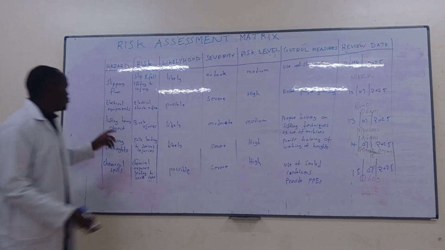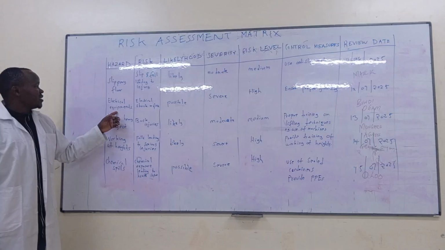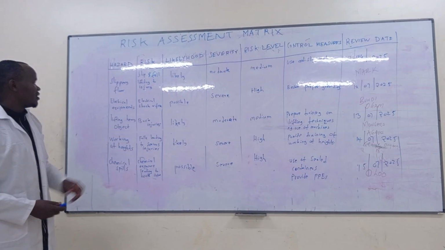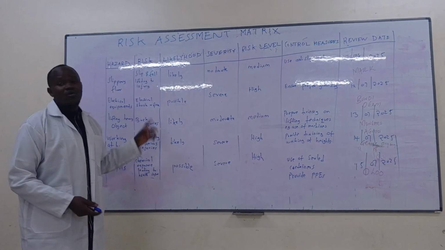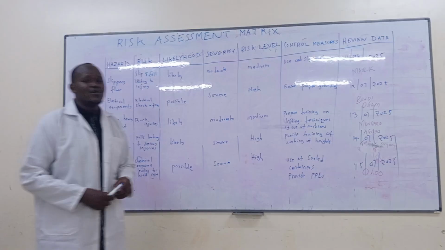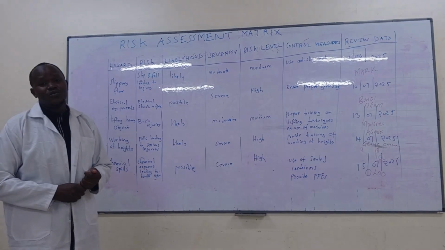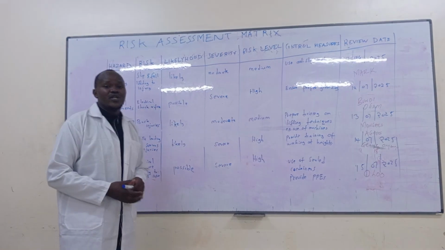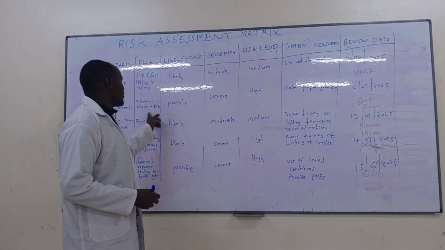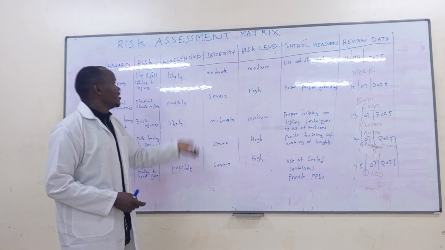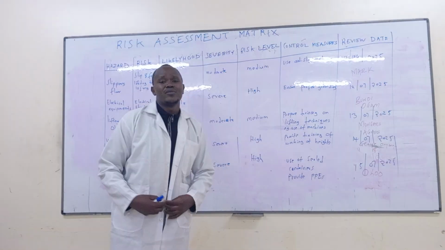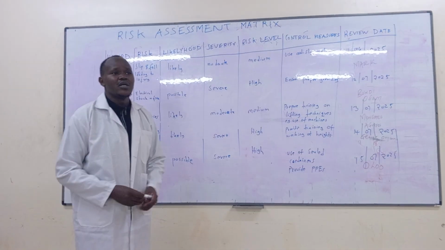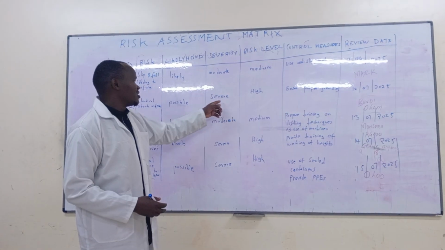Number two is about electrical equipment. The risk it can pose to somebody is electrical shock or fire. What about the possibility of this electric shock to somebody operating maybe in a workshop? When it happens, what is the impact on someone who is operating in that workshop? That is maybe severe.